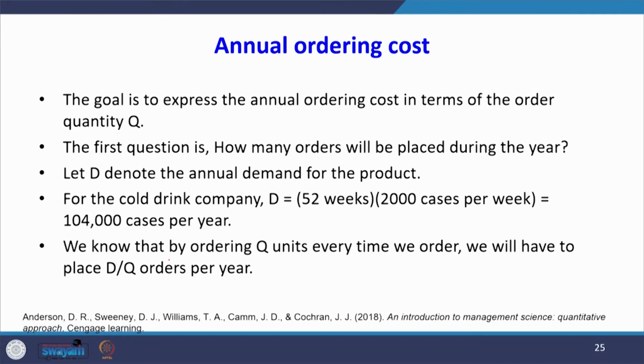We know that by ordering Q units every time we order, we will have to place D by Q orders, total demand divided by number of units ordered, that will give you the number of orders.